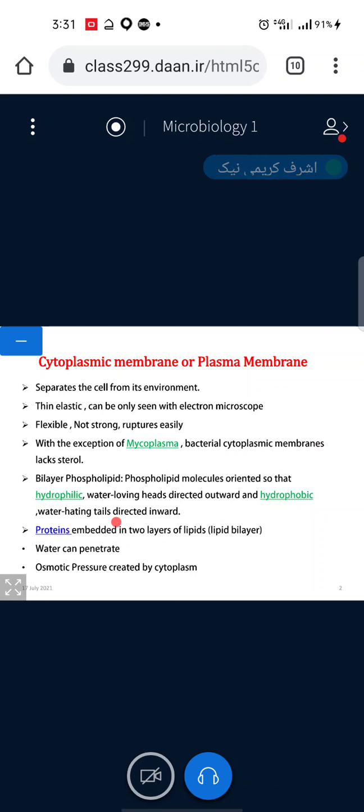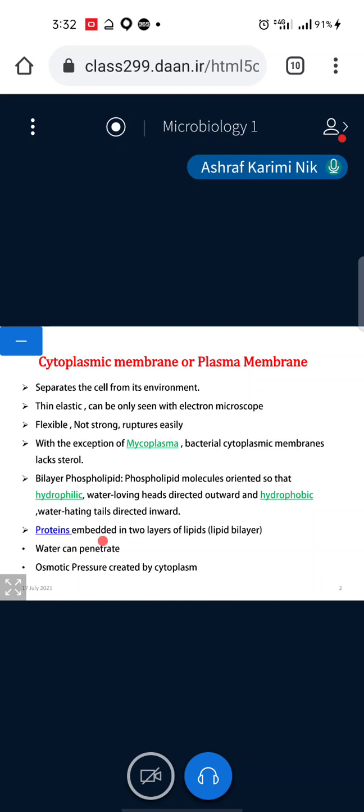So phospholipids in the cytoplasmic membrane have hydrophilic and hydrophobic sections. Proteins.